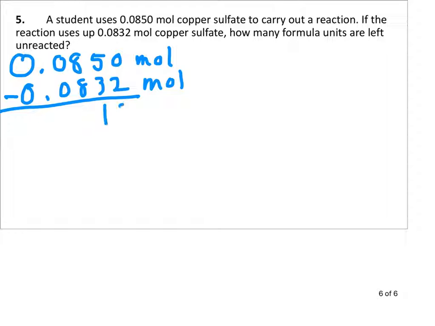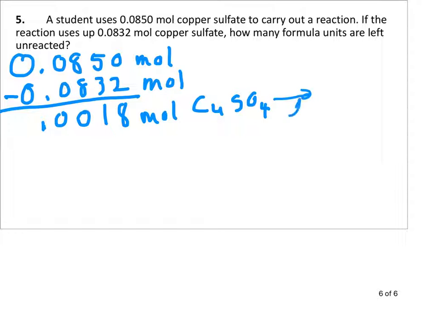And we subtract, we get 0.0018 moles of copper sulfate left over. Now I just want to change this to formula units.